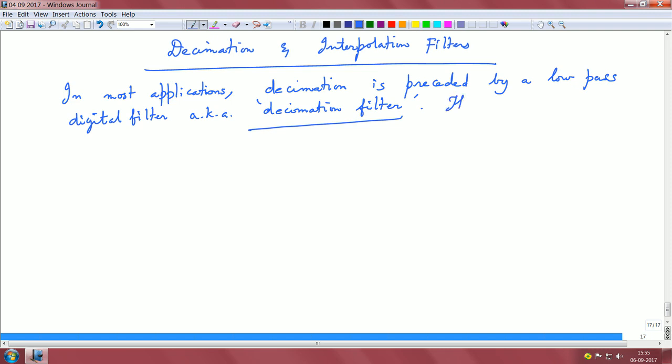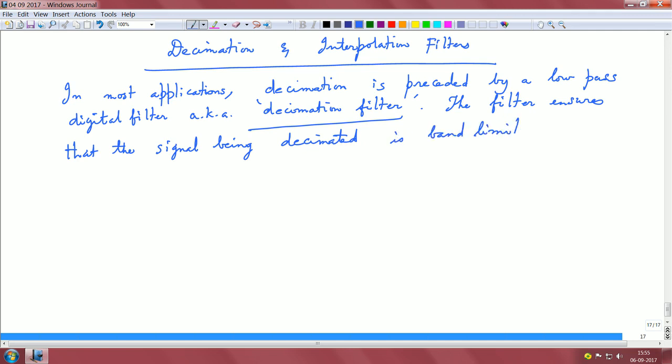So, what really happens is important. The filter ensures that the signal being decimated is band limited.